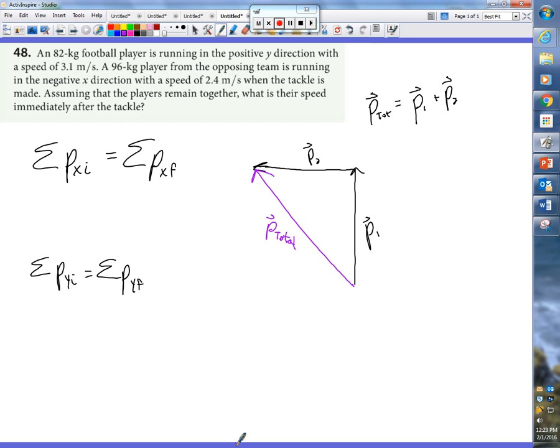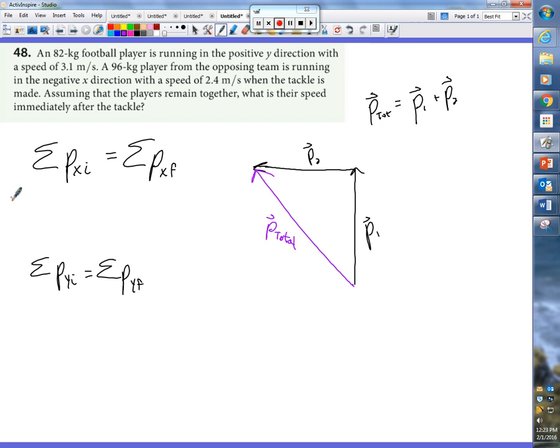So before we can figure out the speed of this new combined mass of football players, we're going to have to find what the total momentum is. So we have to take the vector sum of it. Now again, this gets a lot easier because one guy's going due north, one guy's going due west. So there's only one thing going in the x direction, and that is the football player going in the negative x direction.